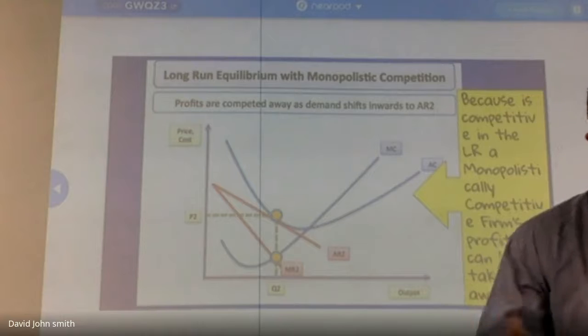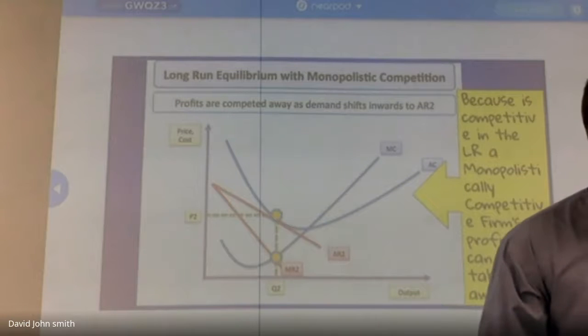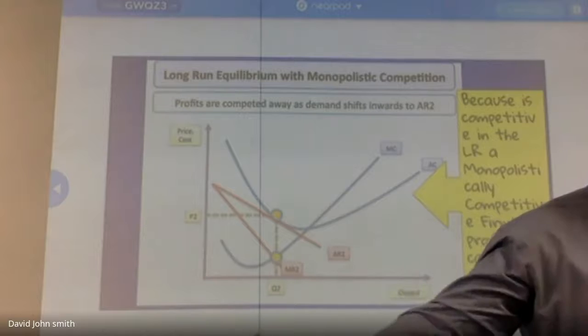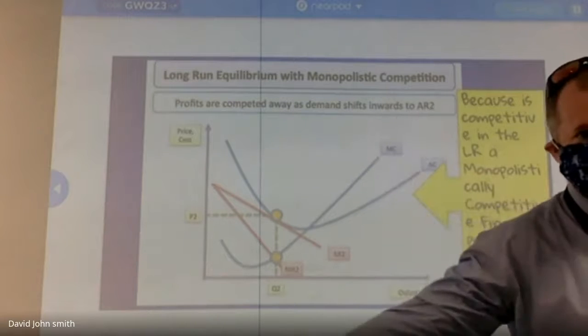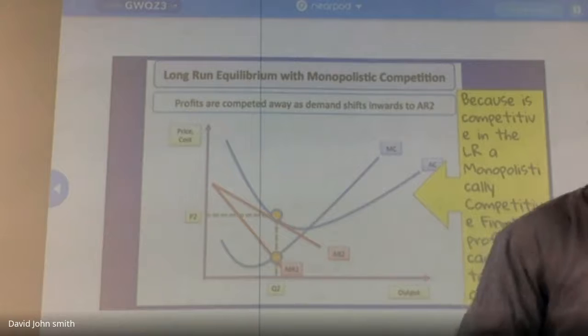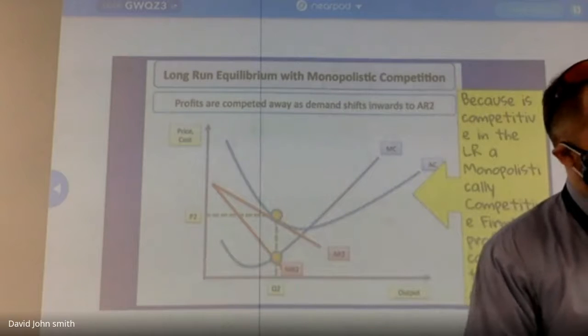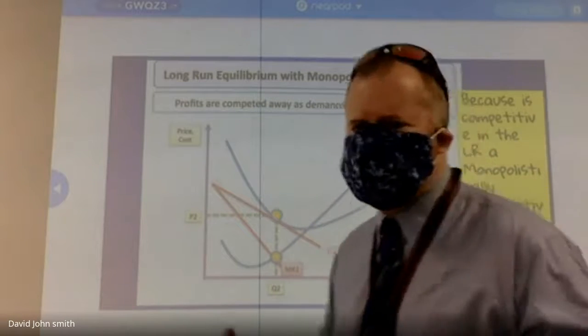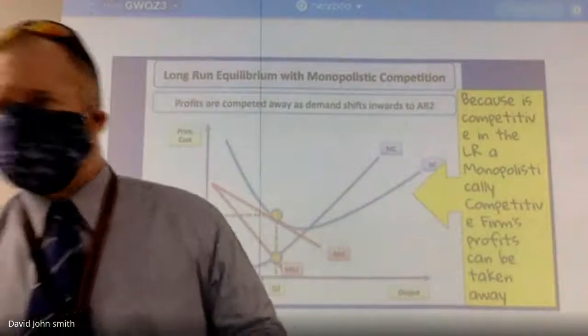Because they're going to come into the market, there are going to be differences between the different firms based on price potentially, and you're going to go for the cheaper option. So your profits will be eaten away, reduced, decreased, and maybe your profits go all the way down to normal.